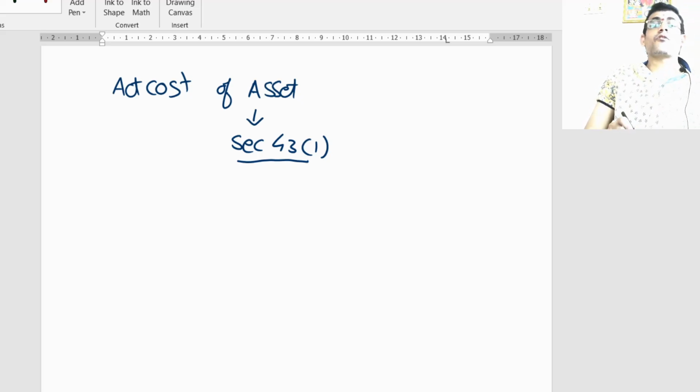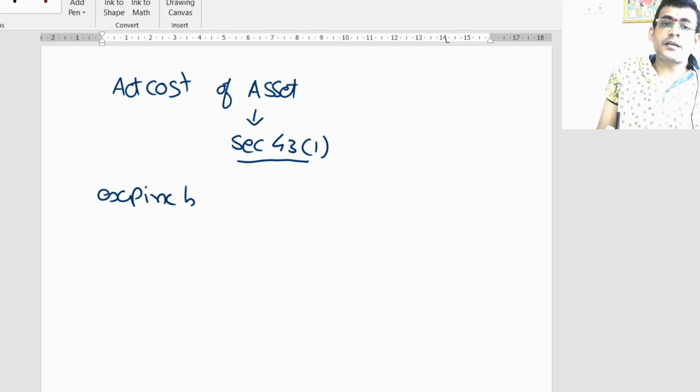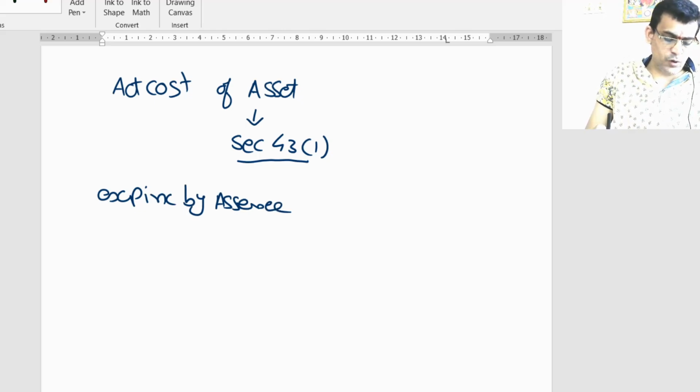Now first of all, let us try to understand the meaning of actual cost of the asset. Initially, any sort of expenditure incurred by the SSC.